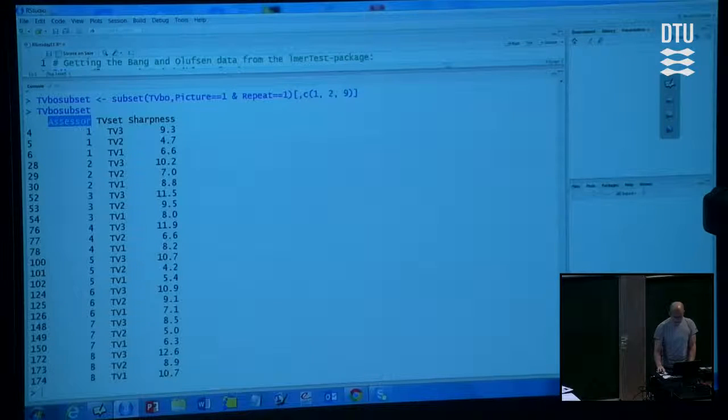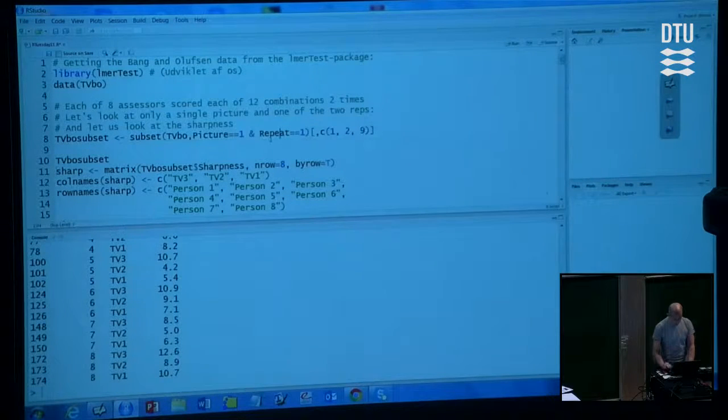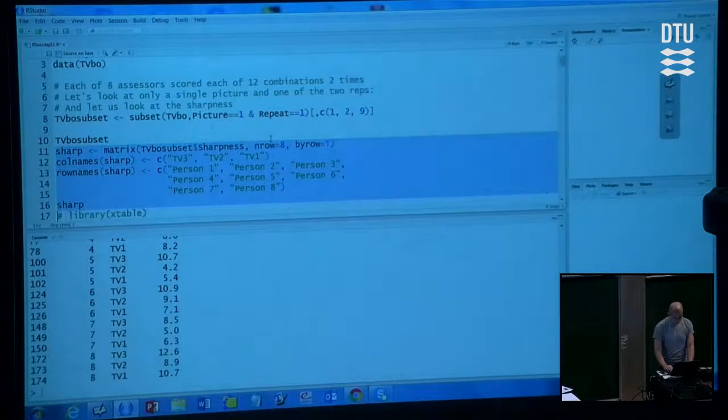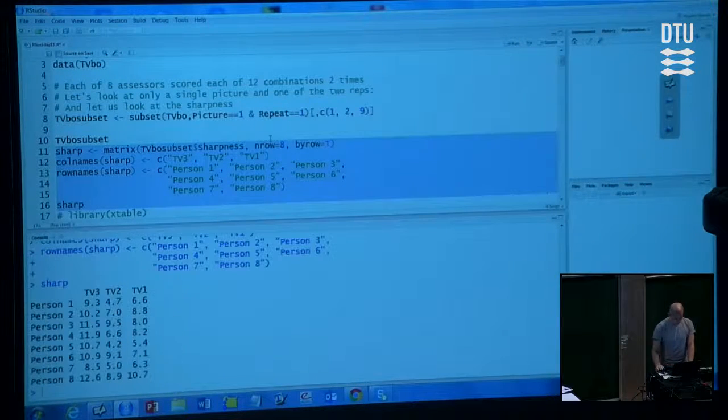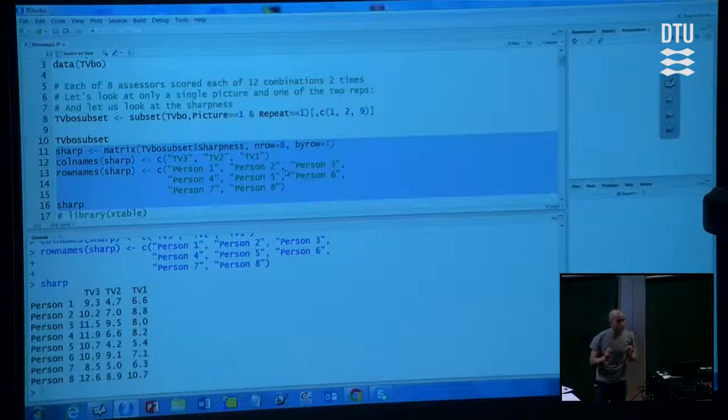Just to emphasize that, I reordered the data to show you in this table way. It's not something you really need to use, but it's just to illustrate. I took the same data and collected it in the two-way table that gives the name to the procedure, two-way analysis of variance, because it's really just this table of data.